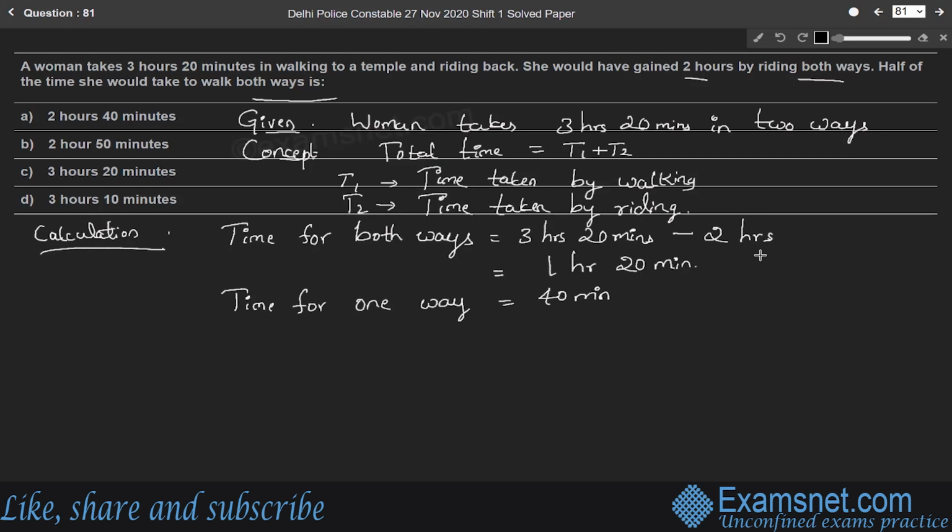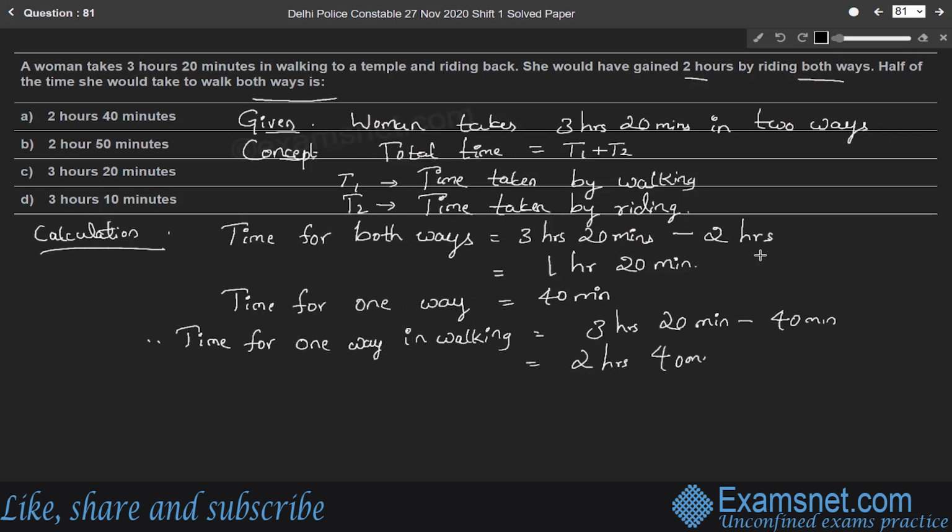Right. So time for one way in walking is equal to 3 hours 20 minutes minus 40 minutes, which is 2 hours 40 minutes.